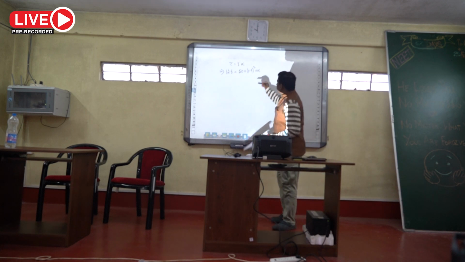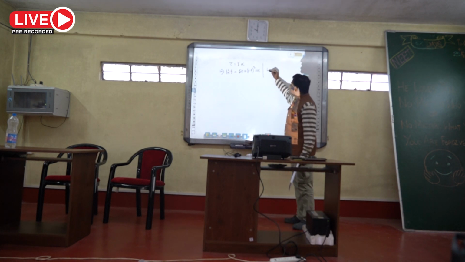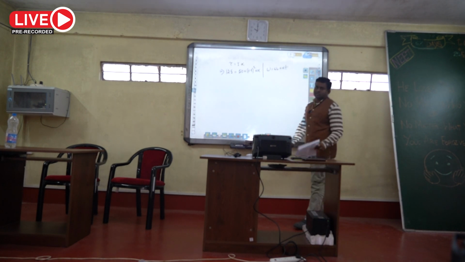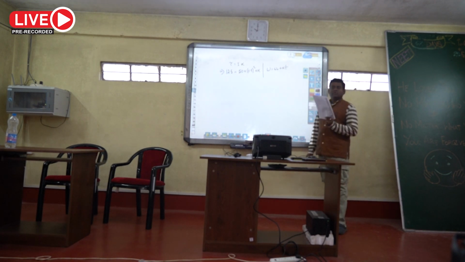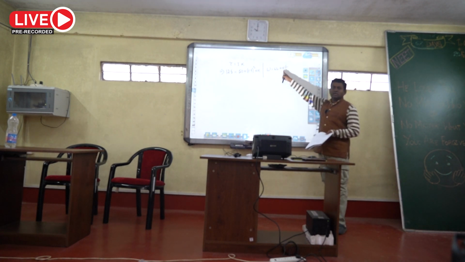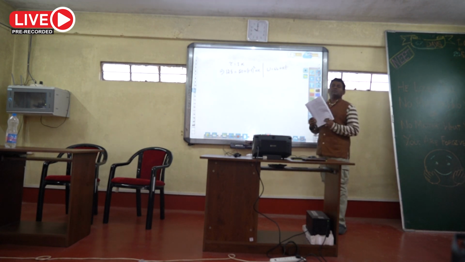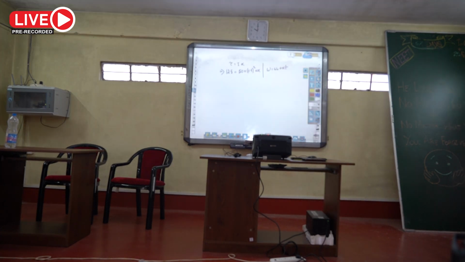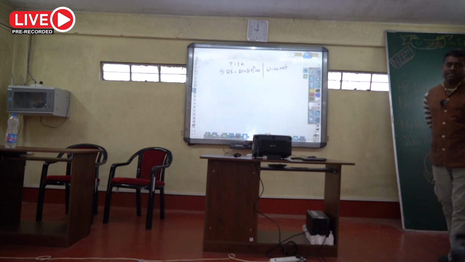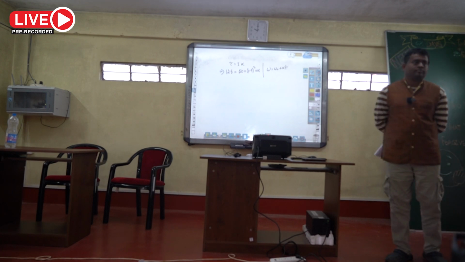After calculating alpha, you have to use this equation omega equal to omega naught plus alpha t to find the value of omega. t equal to 5 seconds, omega naught is 0, alpha you can calculate and put it, so you can find the angular velocity at t equal to 5 seconds. Omega equal to omega naught plus alpha t.